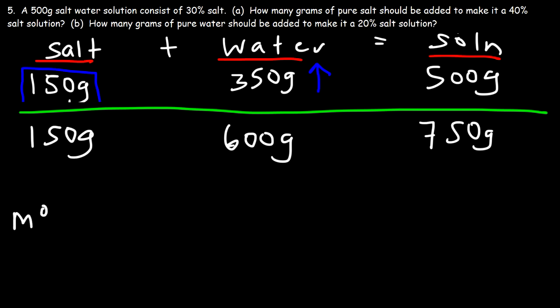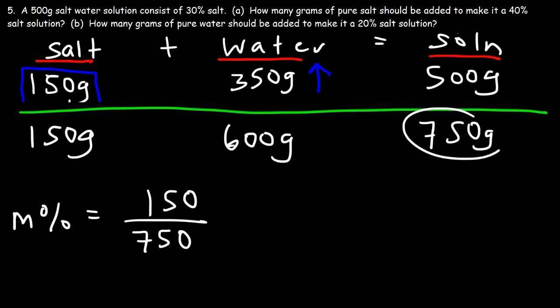So the mass percent of the new salt solution is going to be the mass of the salt, which is 150, divided by the mass of the solution, which is 750, times 100%. So 150 divided by 750 times 100, that's 20.